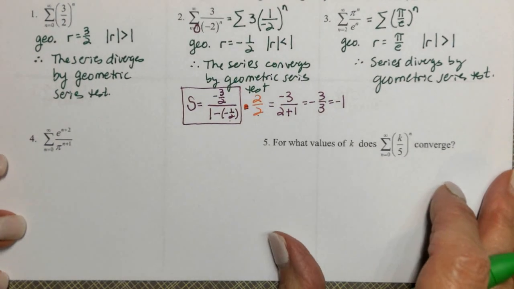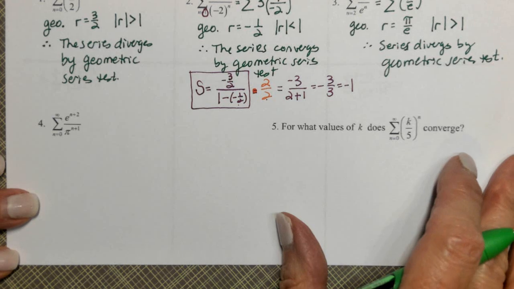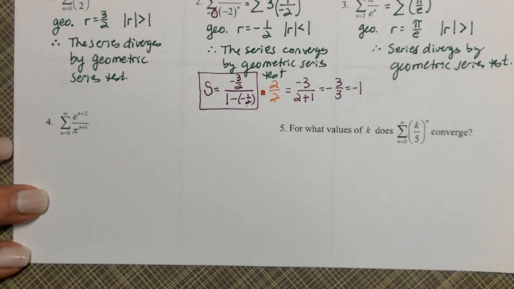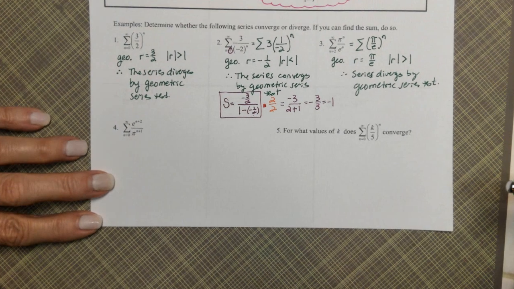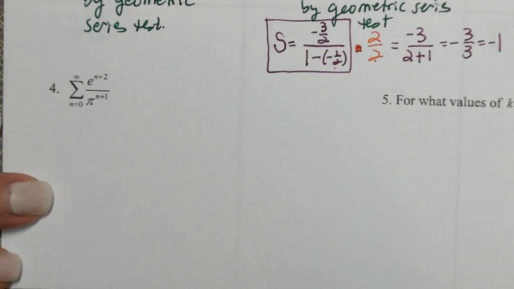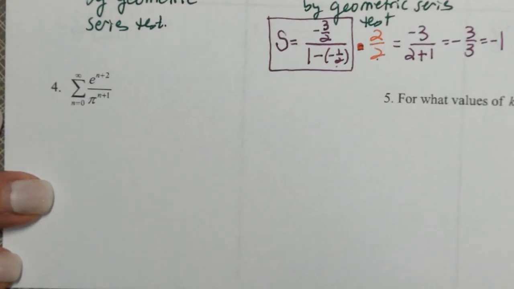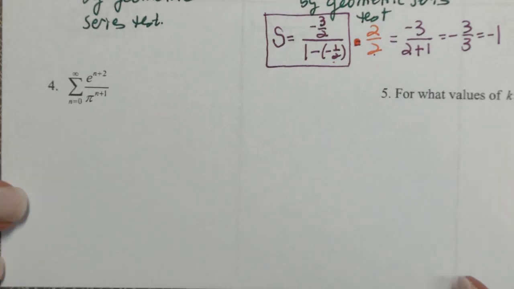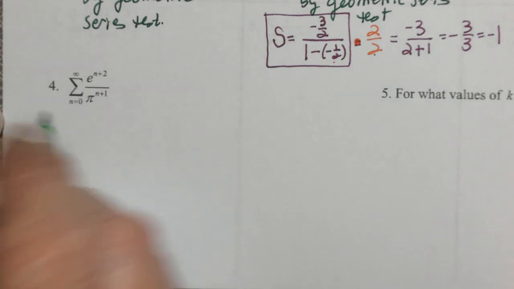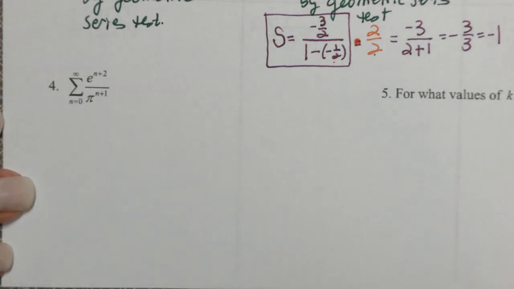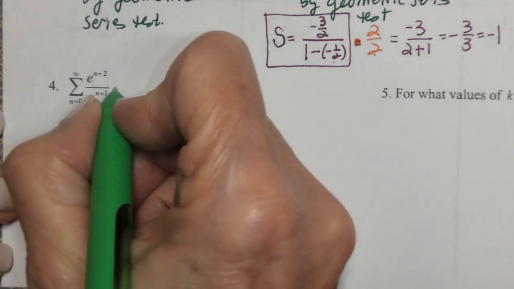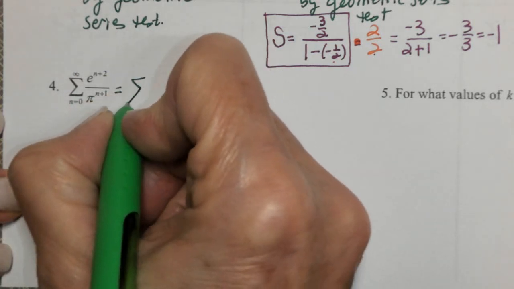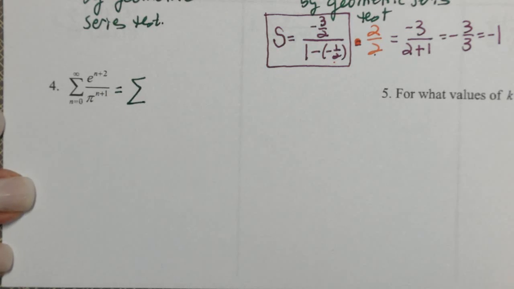All right, number 4. This looks a little bit complicated. I'm going to blow this up so you can see this a little bit better. All right, so is this geometric? It's hard to tell right now. So let's modify it.